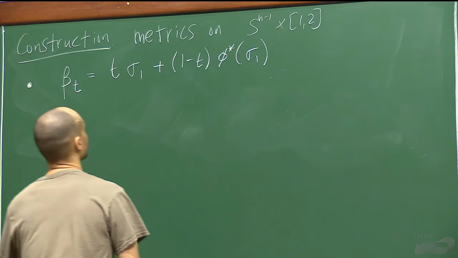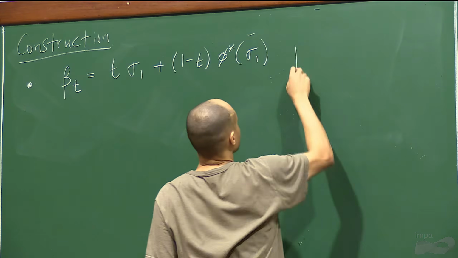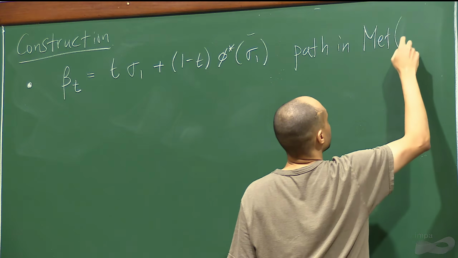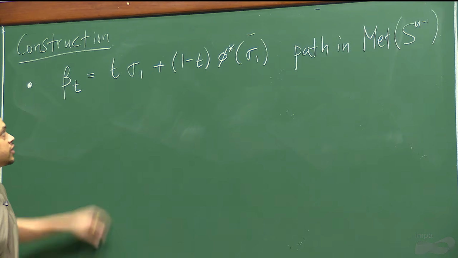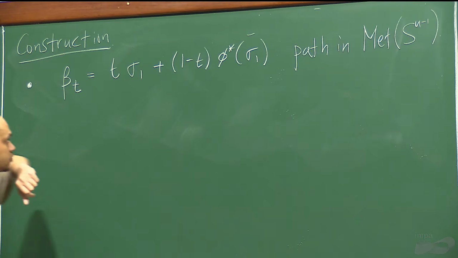No, so sorry. The first thing is not quite that. This is just a path in metrics on S^(n-1). It's just the straight line homotopy between the round sphere and the round sphere pulled back by phi.